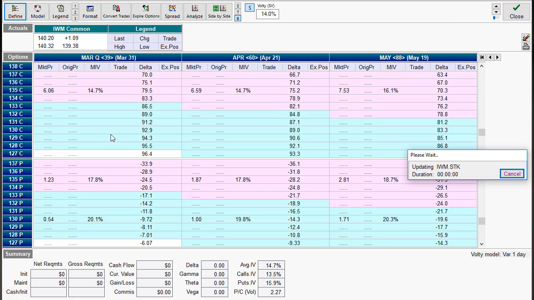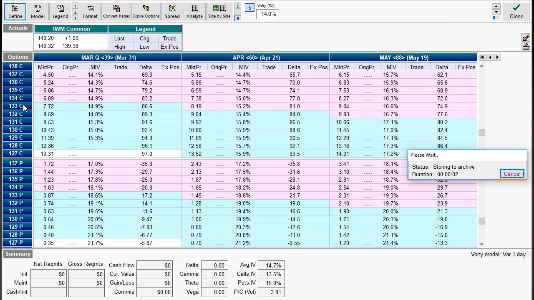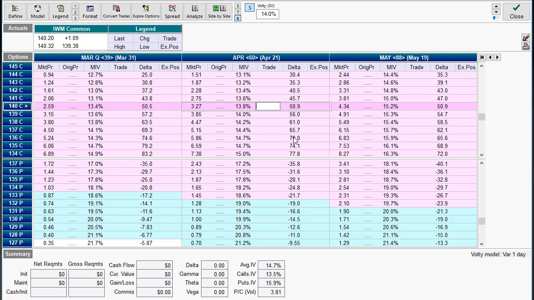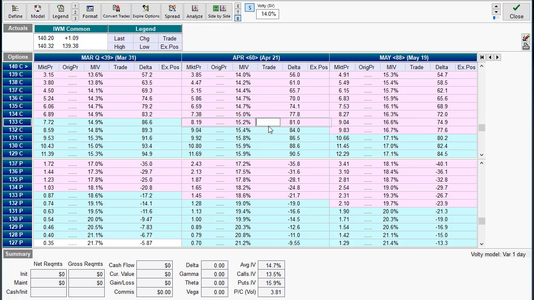All right, and if we look at the 133 call strike here on the IWM, there we go.